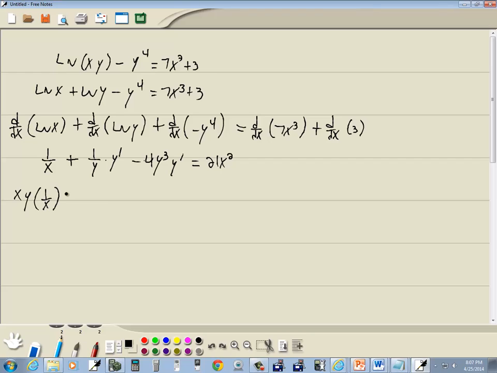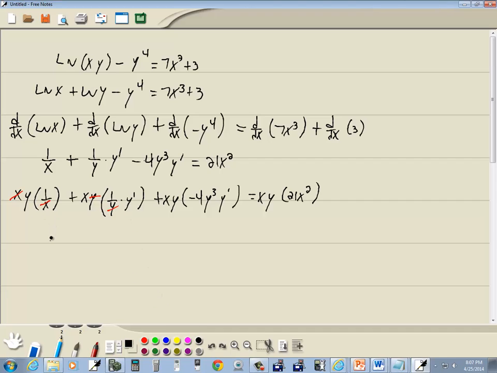We'll multiply the 1 over x by it. We'll multiply the 1 over y prime by it. We'll multiply the negative 4y to the third y prime by it. And we'll multiply the 21x squared by it. Well, over here, these x's cancel and these y's cancel.